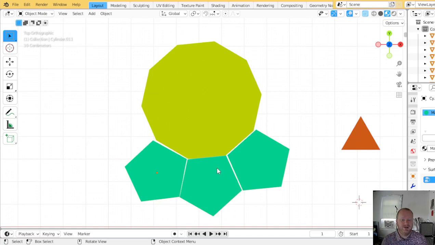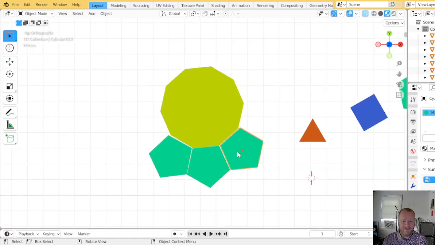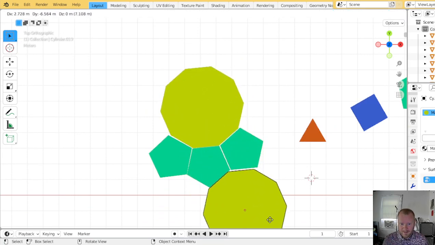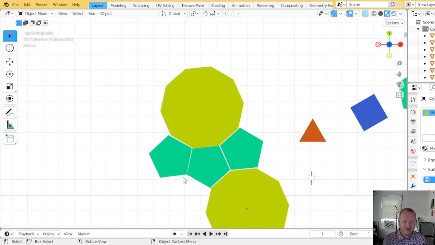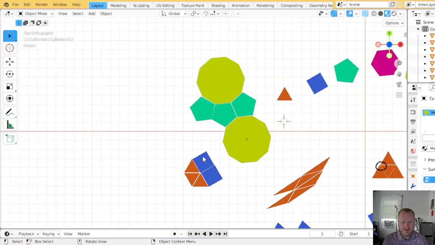This vertex also has one decagon, 10-sided, and two pentagons on here. That's working out just fine, right? So no problems so far.